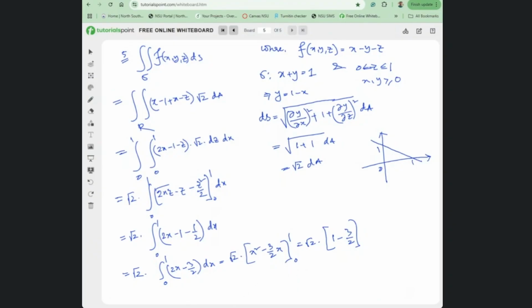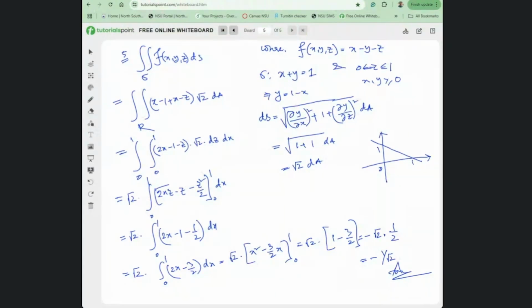And the result is minus root 2 into 1 over 2, so we can say minus 1 by root 2. So that's our answer. Okay.